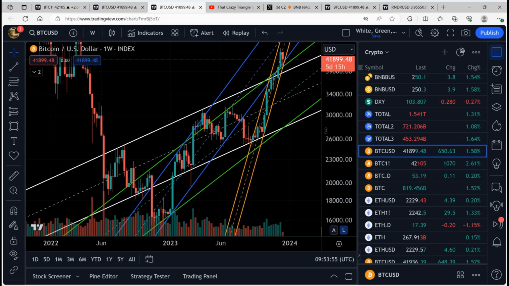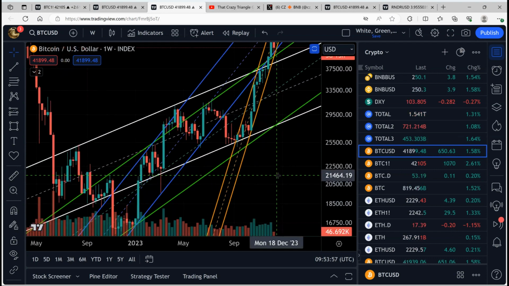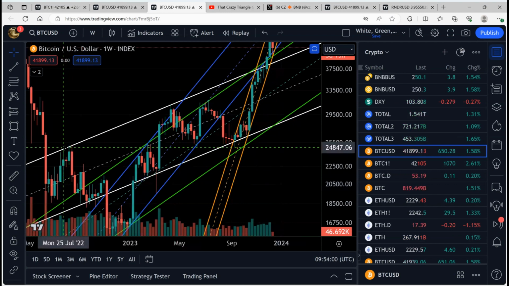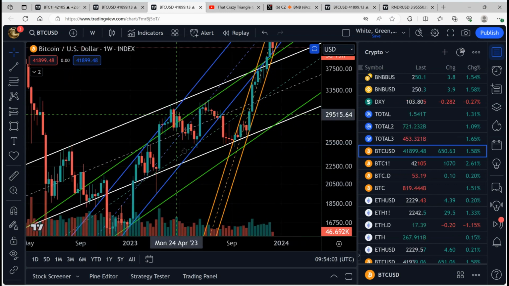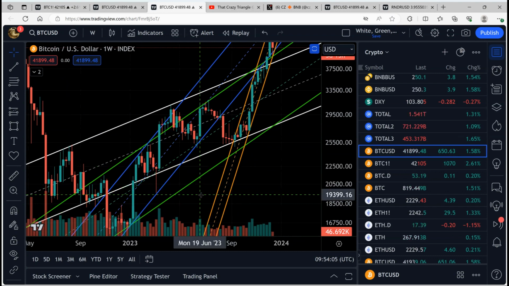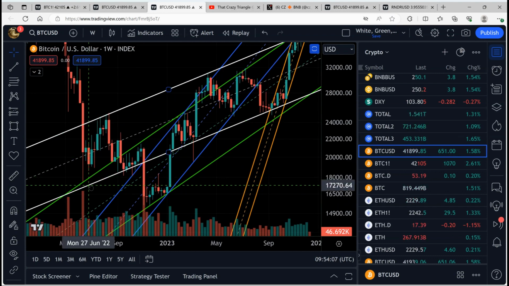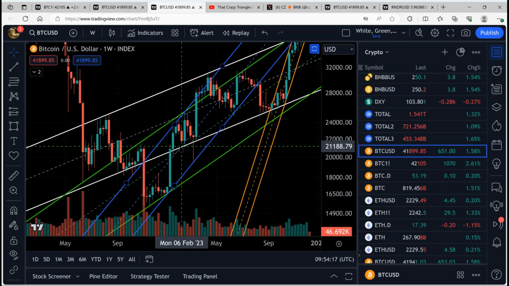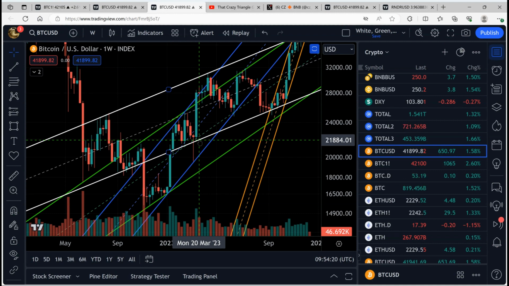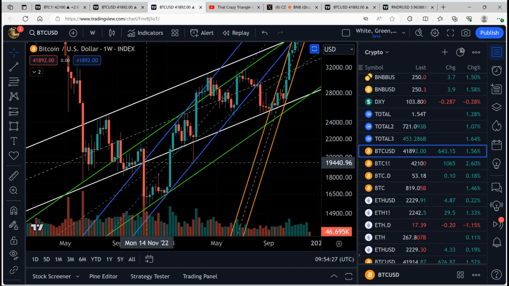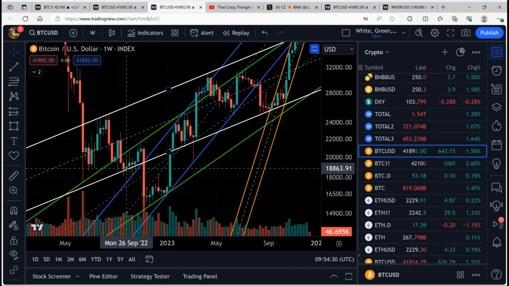Now, if we zoom in here, this channel captures the tops here and the top here and does not get this wick down here, this bottom of June. However, it does get the bottoms of these two candles here, the weekly candle bodies.